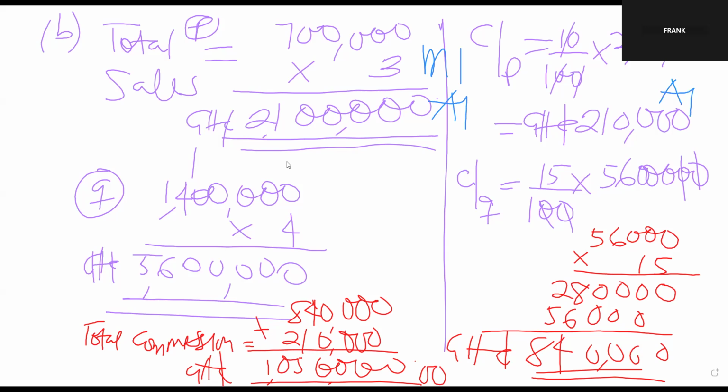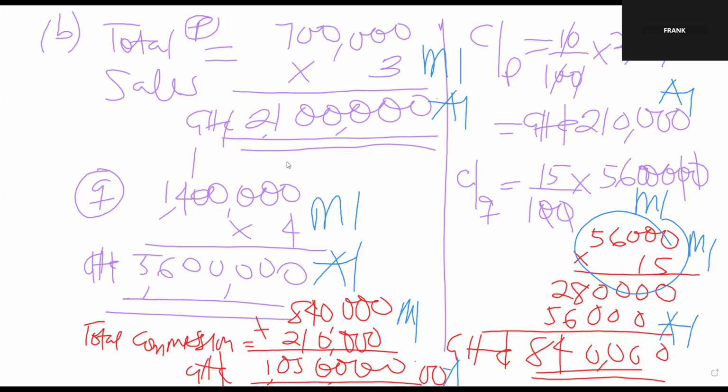Once you're finding the total sales of type Q houses, you have M1 for the solution, A1 for the accuracy. Once you're finding the commission for the type Q houses, we have M1. Then simplifying, we want to see evidence of you multiplying to get your result, M1 for that. Then the result, you have E1 for it. Then the sum of the two, M1, then the answer E1.